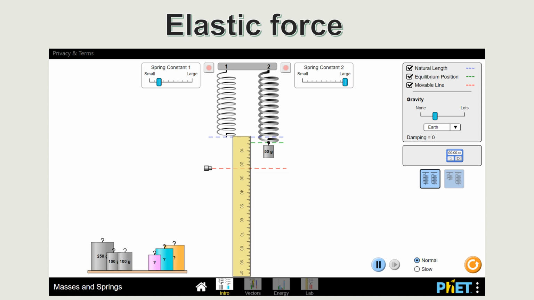So in this case, what we will do, we will put one normal spring, similar to one that we had in our Newton meter in school, and we will put one that is the opposite, let's say much bigger than this one.